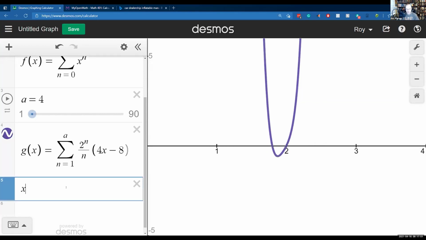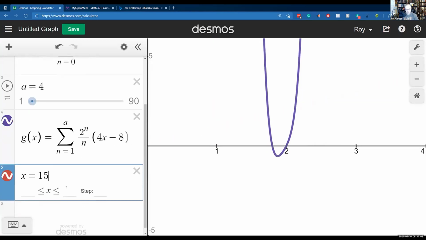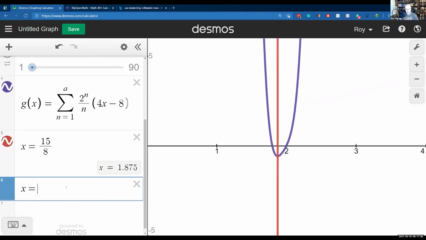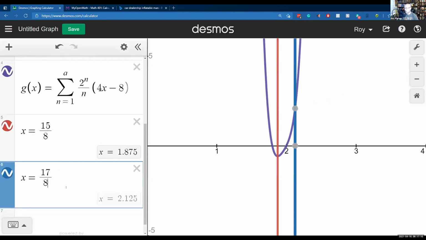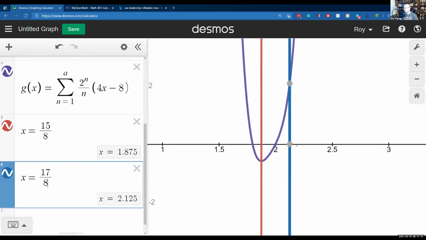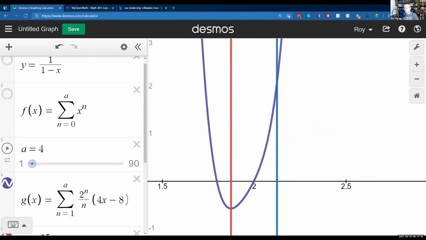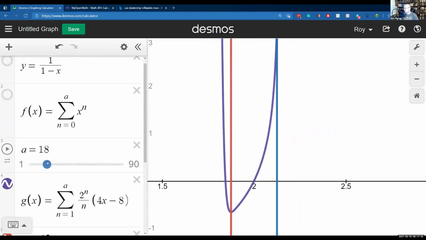So let me go ahead and show that. x equals 15/8, and I'll also showcase x equals 17/8, just so that we know our boundary here where we're saying it should converge. Now I'll go ahead and start adding up terms.